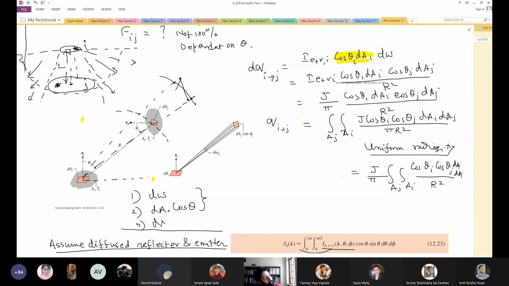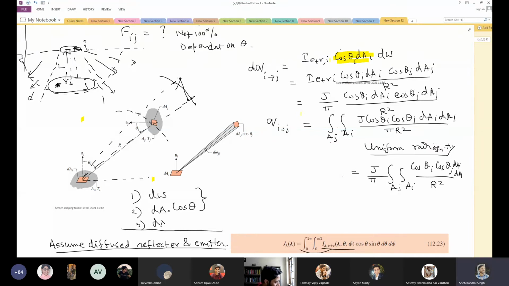Is it clear now? If not, you can't test that, so don't worry about that. Projected area of the surface which is receiving the energy? Yes, both cases. The projected area of the surface which is emitting, as well as the projected area of the surface which is receiving, in two different ways.